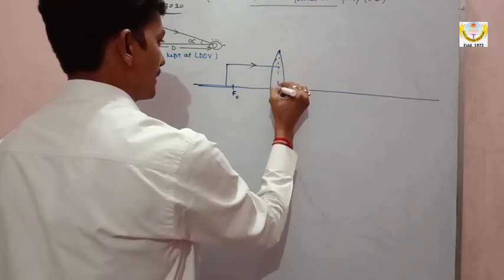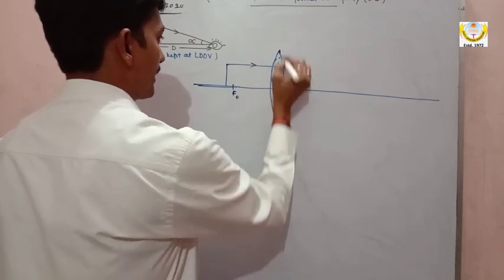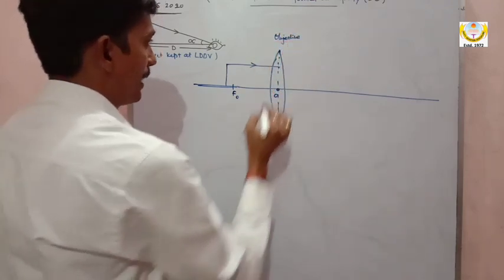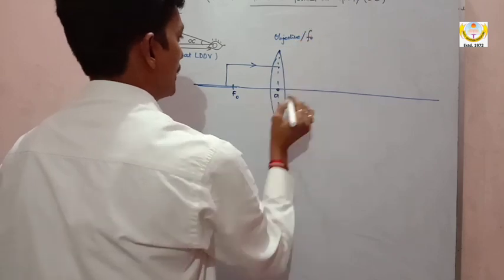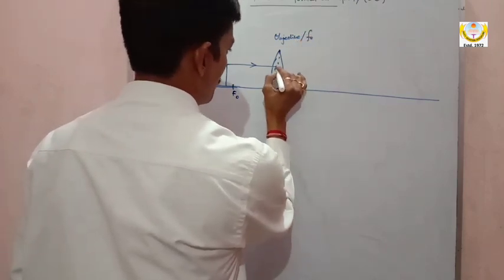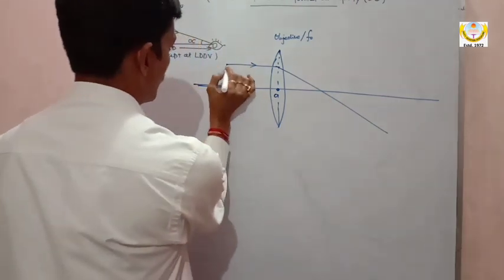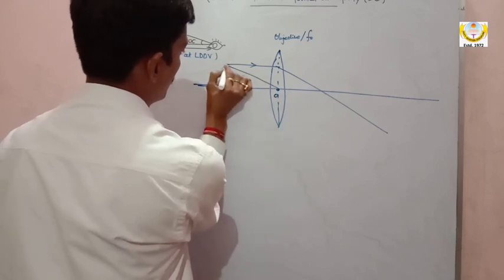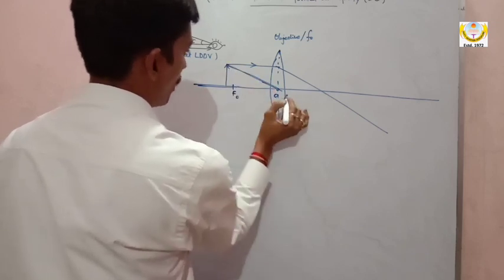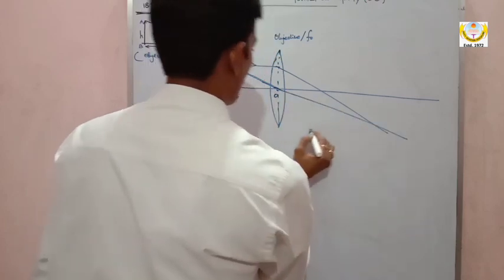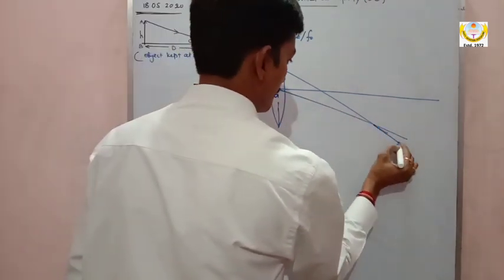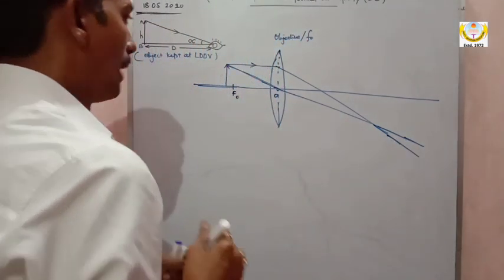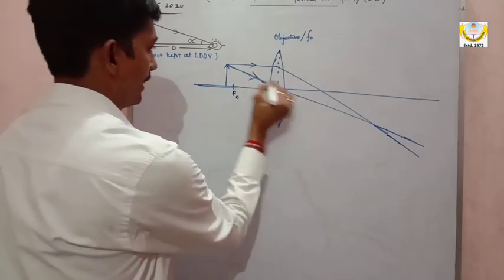This is the optic axis, this is the optical center, and this is the objective, having a focal length FO. One ray will pass through the focus, another ray will pass first through the optical center and then go like this. Am I clear, bachcho?